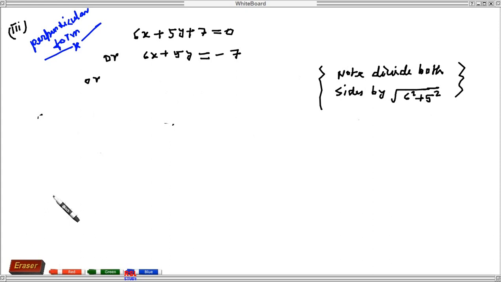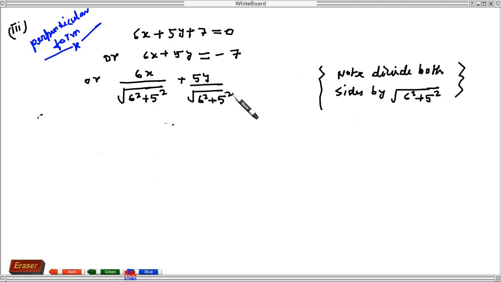That is the way. So 6x by under root 6 square plus 5 square, plus 5y by under root 6 square plus 5 square, equal to minus 7.